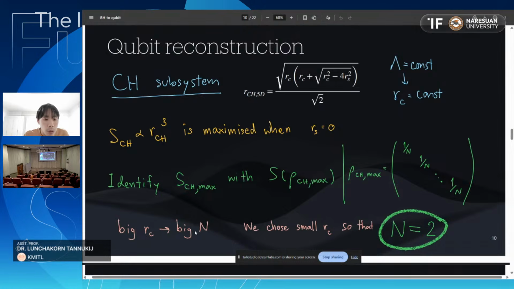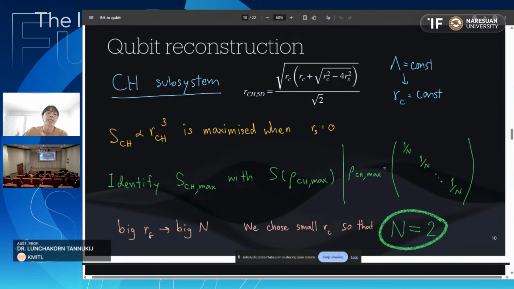They are not directly proportional, but you can see that if your RC is big, then your n is also big. And if your RC is big, then that means your cosmological constant is small.